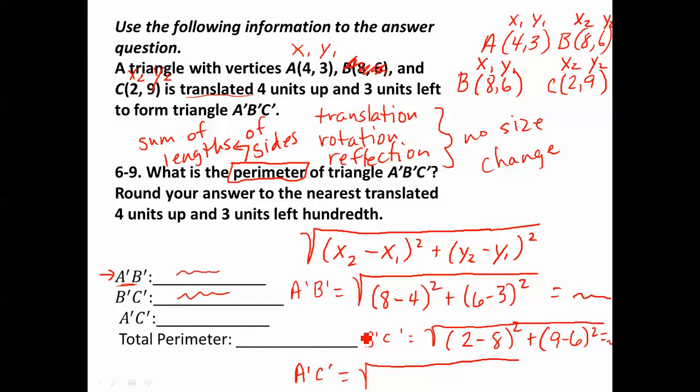So x2 is 2 minus x1 is 4 squared plus y2 is 9 minus y1 is 3 squared. Plug that into my calculator and I get a number. I'm going to write it down right here. Then to get the total perimeter, I'm going to take this number plus this number plus this number, and that's going to give me my total perimeter.